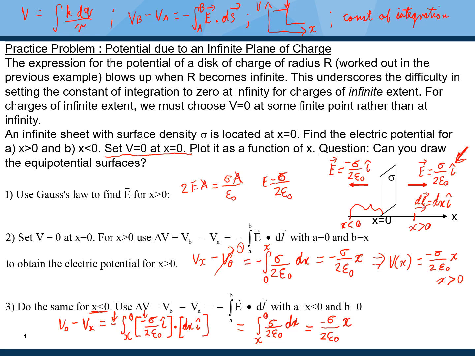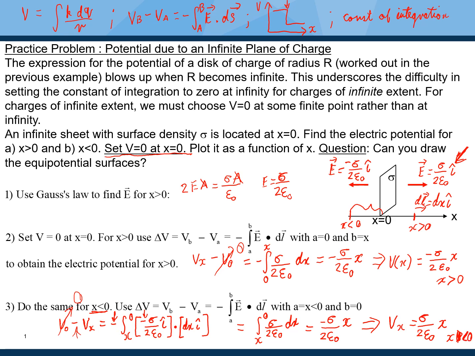Now notice that V0 is given to us as being 0, so we set it to be 0, and notice that we still have a minus sign lurking out here, which allows us to say that V(x) by itself is equal to sigma over 2 epsilon naught times x. This is the solution for x greater, or I'm sorry, x less than 0.